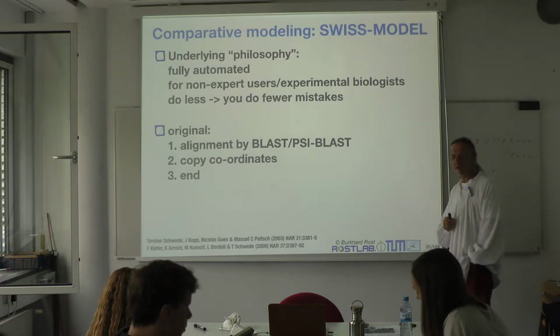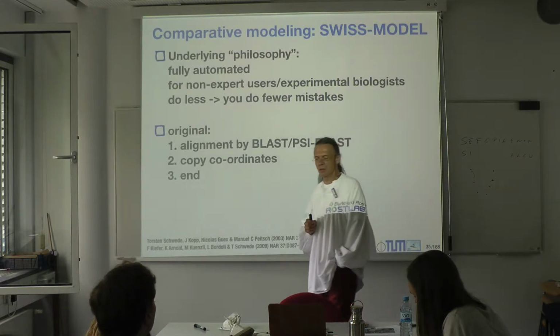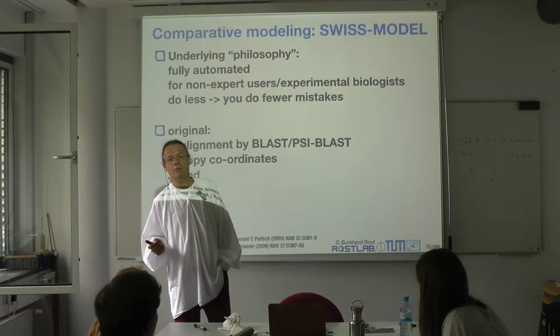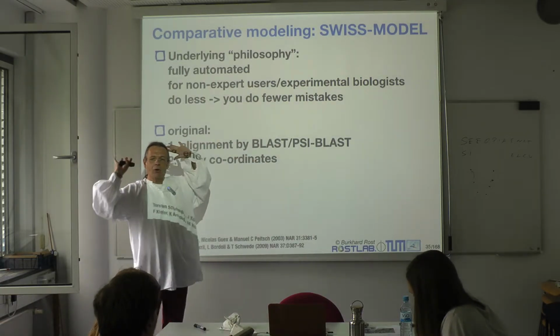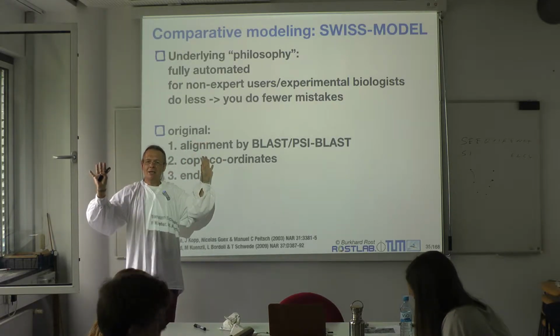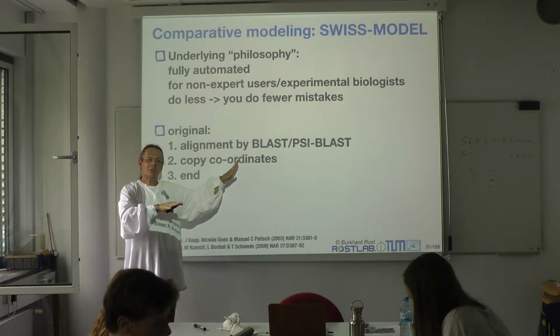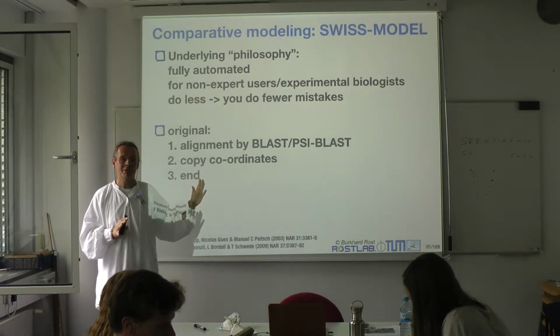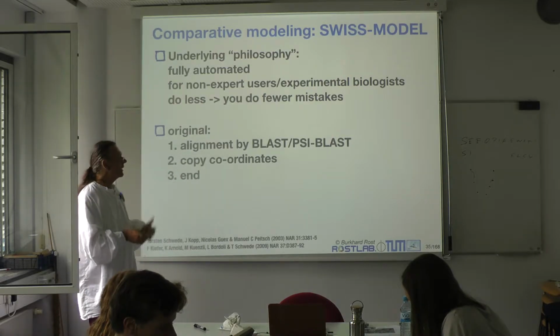Or put differently, you return the result to the user. Because with any step of refinement, you could introduce a new error. If you just copy the coordinates, there will be clashes, there will be mistakes, because that's the way it is, and you leave it to the user to refine it from there. You don't make the mistake, it's just the mistake of the process. And somehow it's a well-defined process.